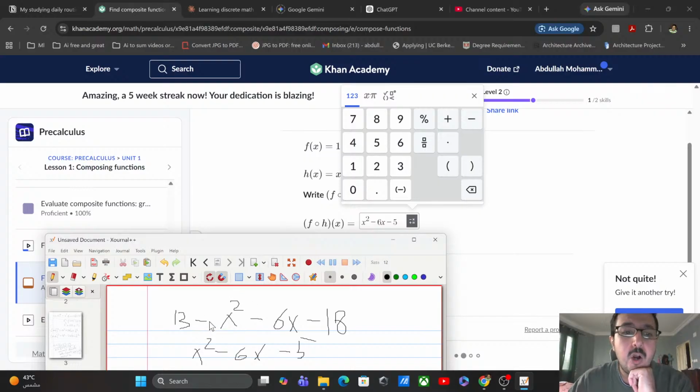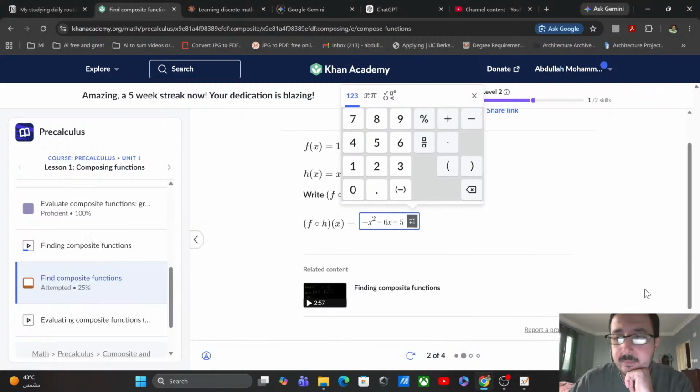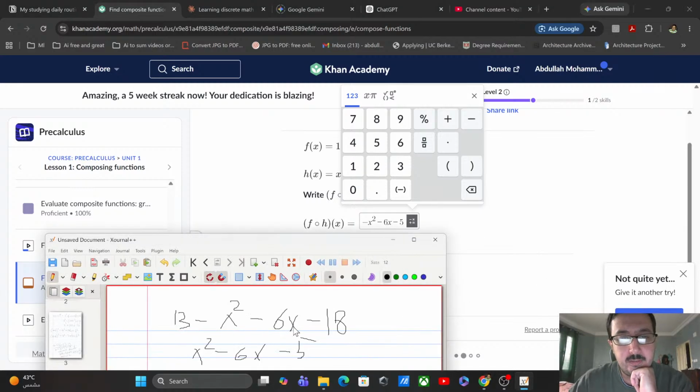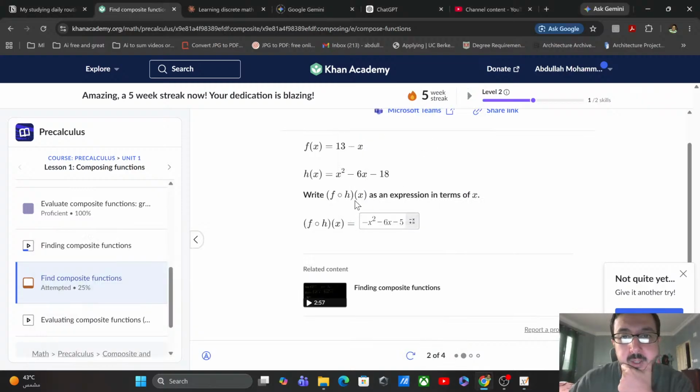Seriously, 13, oh I got a minus here, so this is a minus, this is a minus, not 30 and minus 18, that's a minus 5, this is correct. I got minus 6x minus x squared, where did I go wrong? F of h of x, so we're taking this and plugging it here. So what do I have?